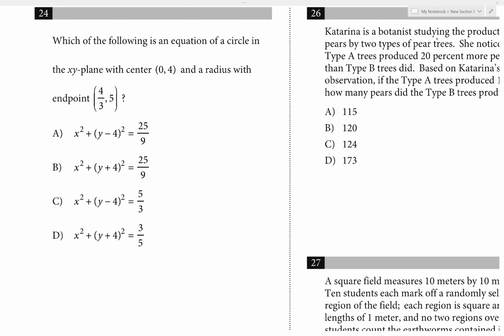Okay, for equation of a circle, first we have to know the standard form of an equation of a circle. So let me write this down.